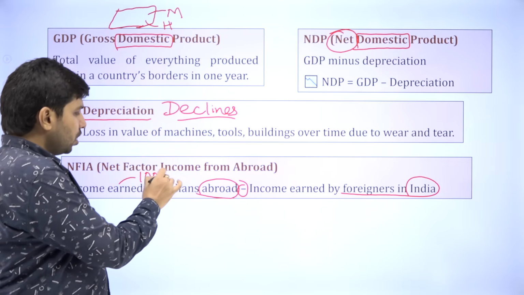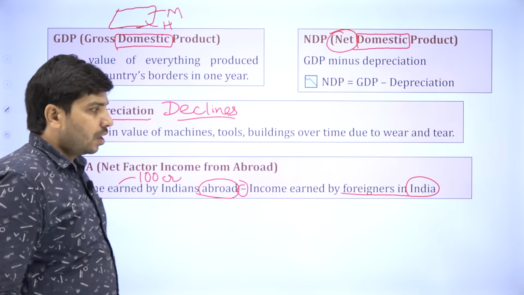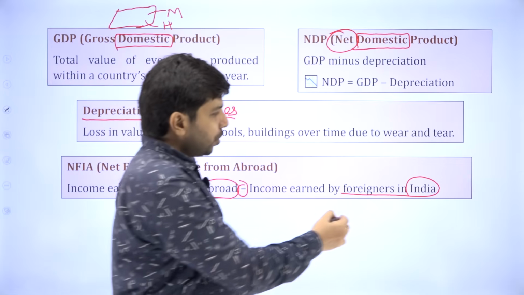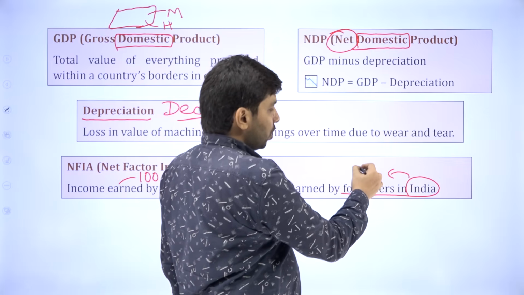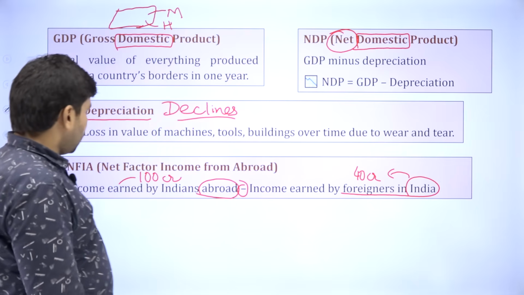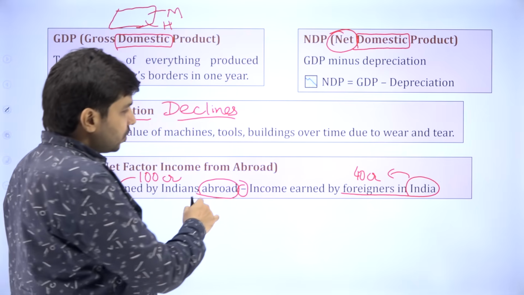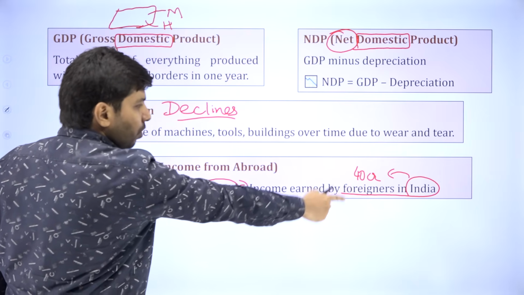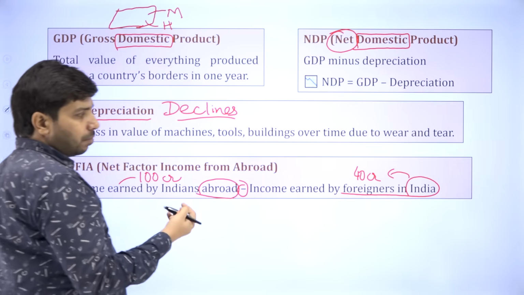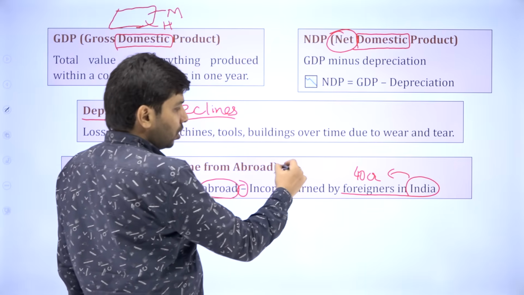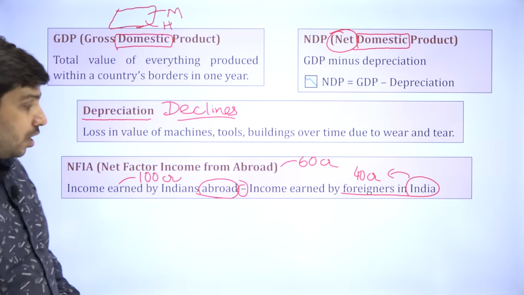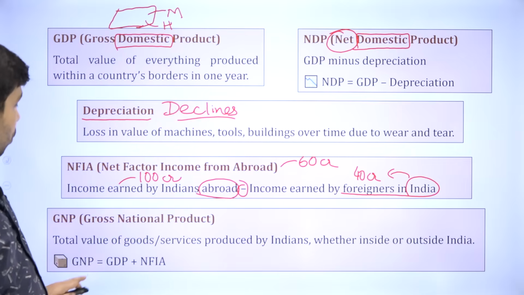Take another example, Microsoft, a US-based company, which earned rupees 40 crore from its Indian business. So the NFIA says that when we subtract the foreigners' income from India from the Indians' income from abroad, we get NFIA. So 100 minus 40, 60 crore is the NFIA.